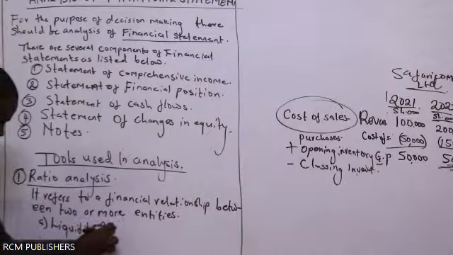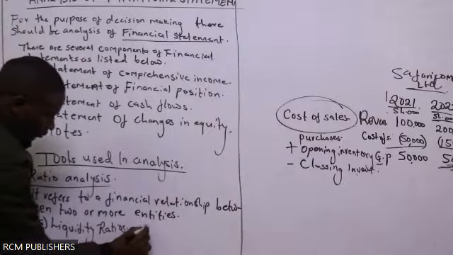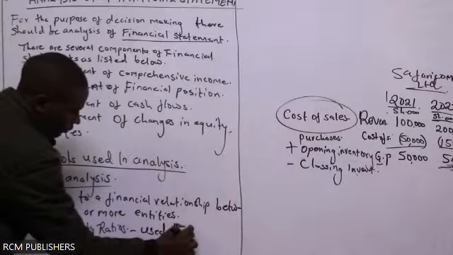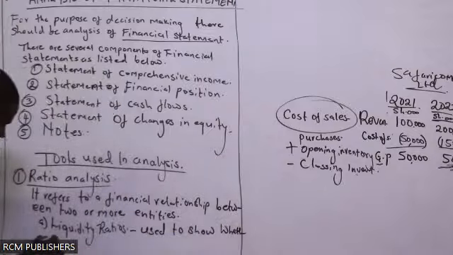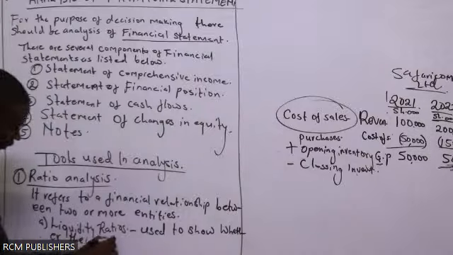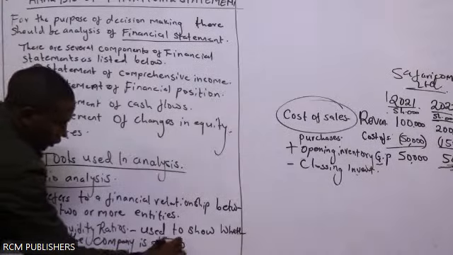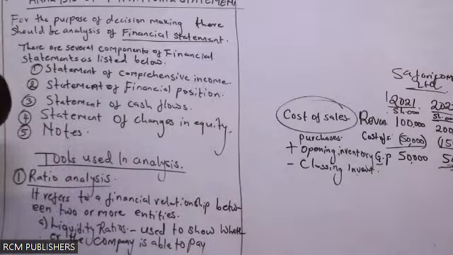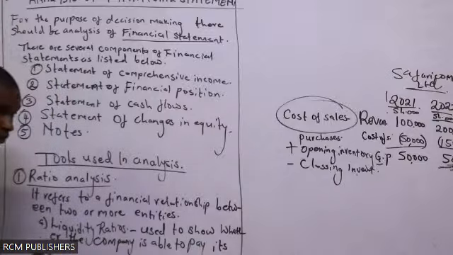Liquidity ratios are always used to show whether the company is able to pay its short-term debts. Short-term debts is short-term.